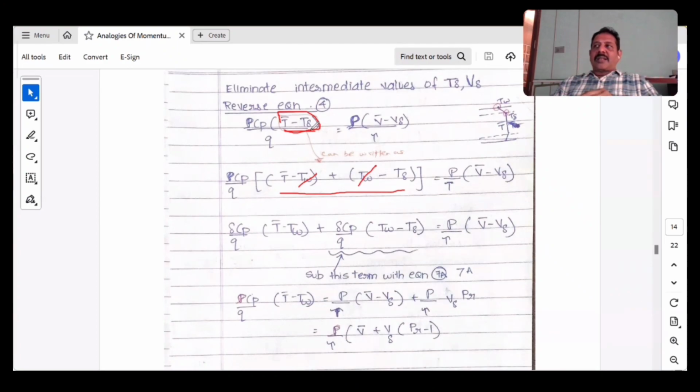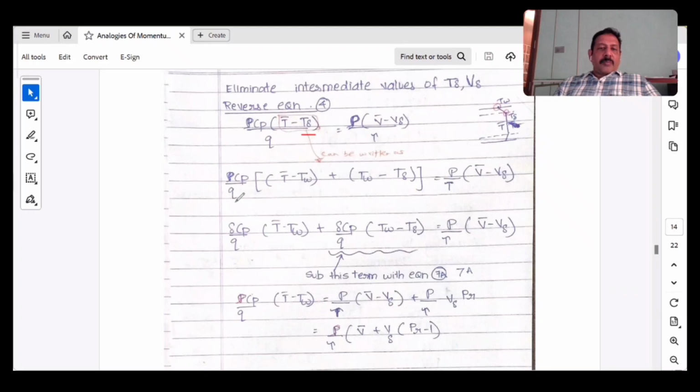So I just add and subtract Tw to eliminate T delta. I write T bar minus Tw plus Tw minus T delta, and on the other side rho into V bar minus V delta.